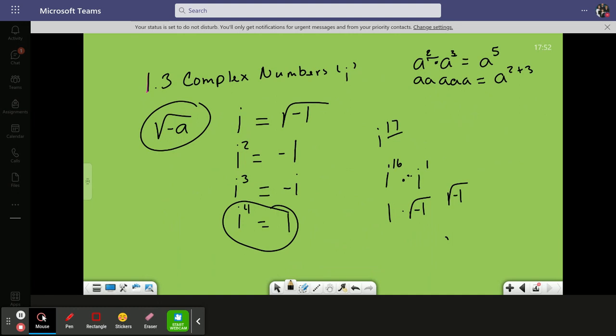Give me a number. I want you to simplify this. There's your answer. So it's just i. Okay. Because I took out all of that, so it just left me with i to the 1st power.